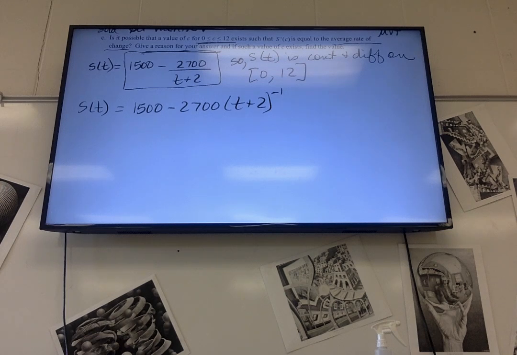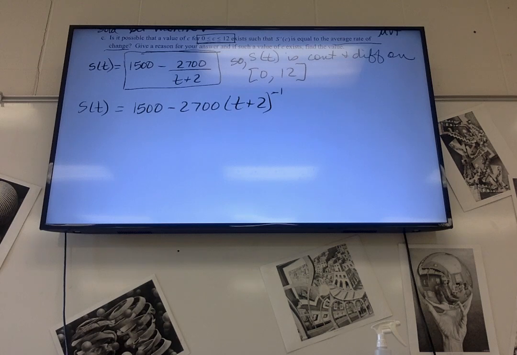Yes, negative 2 would cause us a problem, but negative 2 is not in this interval. 0 to 12 is, not negative 2. You wouldn't even have a value to subtract because 2700 over 0 is undefined. Oh, okay.